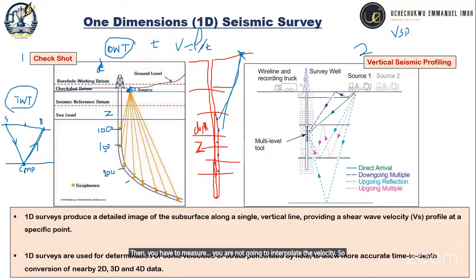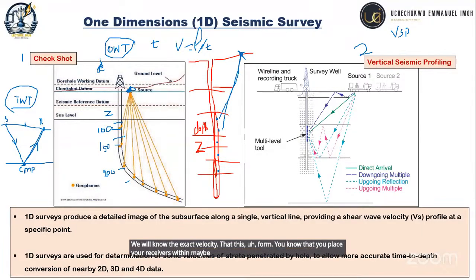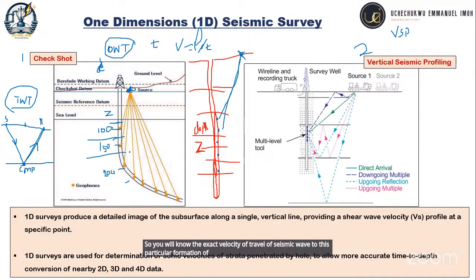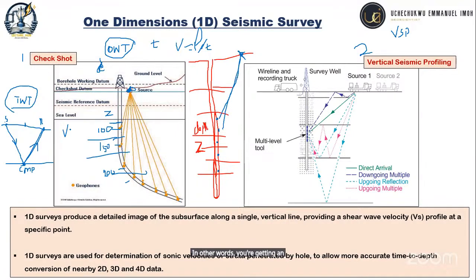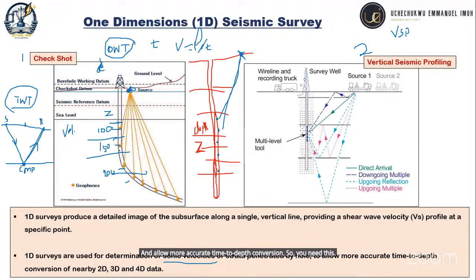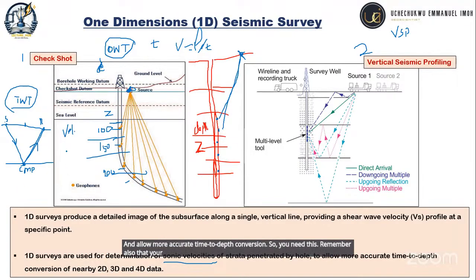With that, you will know the exact velocity of travel of the seismic wave to the particular formations of interest, which could be your reservoirs. In other words, you're getting accurate velocity information of the subsurface. Your 1D surveys are used to determine the sonic velocities of strata penetrated by the well, and allow more accurate time to depth conversion. You need this. Remember also that your seismic data is recorded in time.